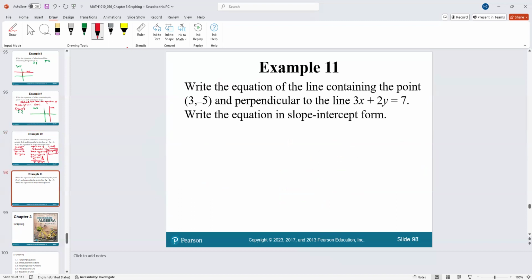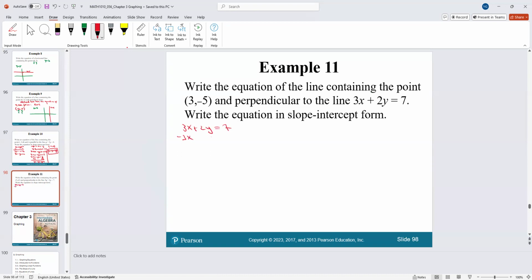Write the equation of the line containing the point (3, -5) that is perpendicular to the line 3x plus 2y equals 7. First, we need to find the slope of the line 3x plus 2y equals 7.